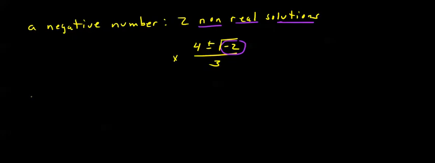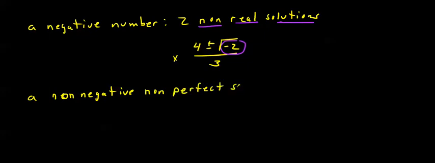If it is a non-perfect square, as most of ours have been, we have two irrational solutions.